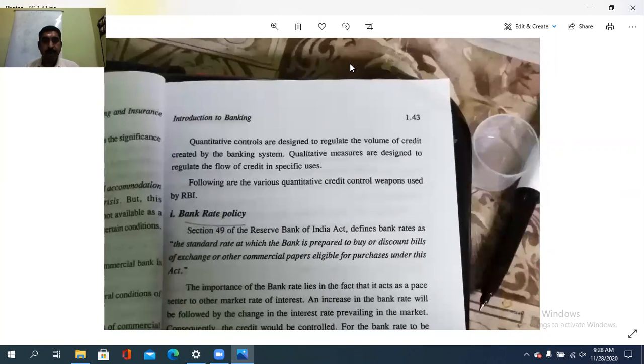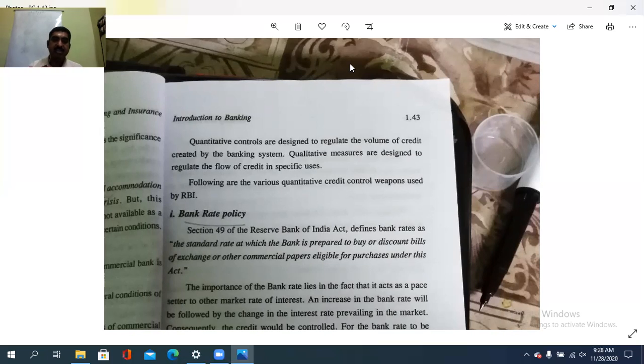Section 49 of the Reserve Bank of India Act defines a bank rate as the standard rate at which the bank is prepared to buy or discount the bill of exchange or other commercial papers eligible for purchase under this act. For buying or discounting the bill of exchange, a standard rate is to be fixed.